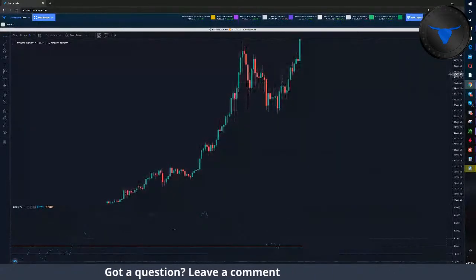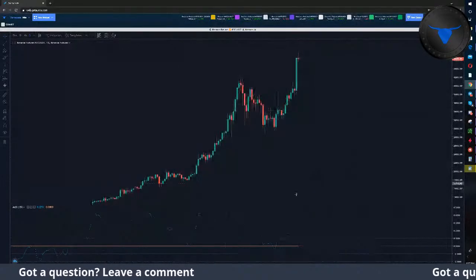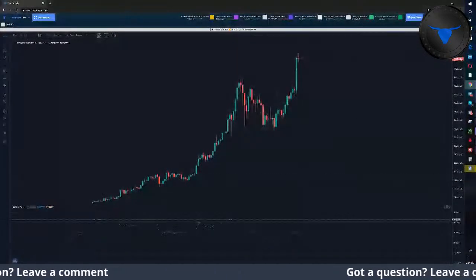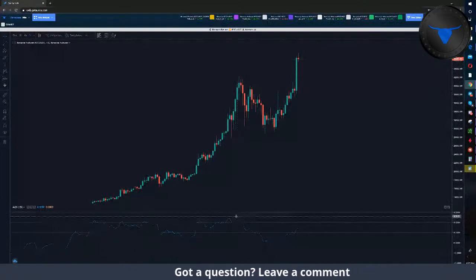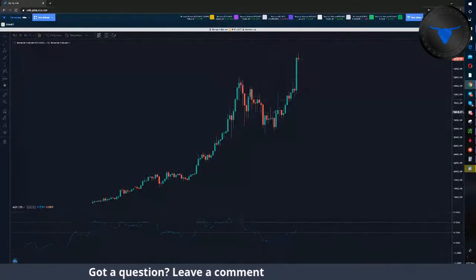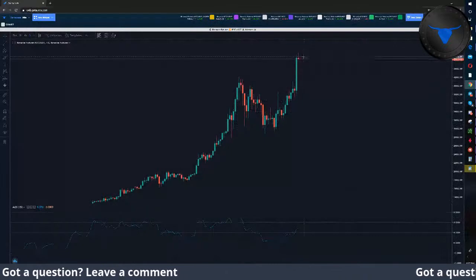But here's a good example of having a peak and where it continues running. So we have this peak right here higher than any spot before. So then we consolidate and then we go for new all-time highs.